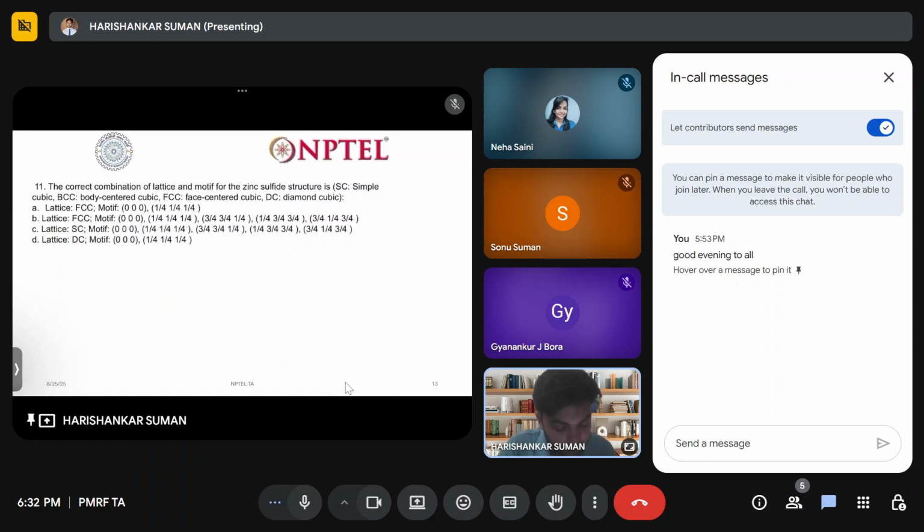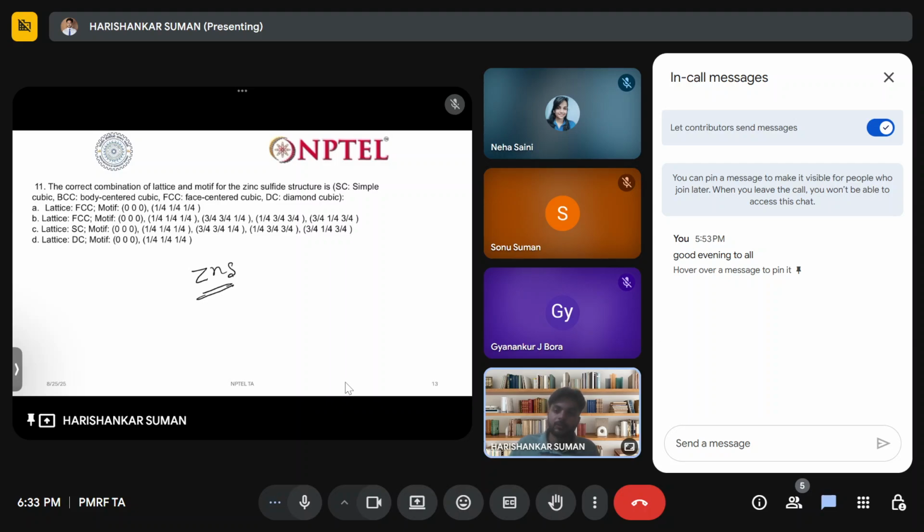Correct combination of lattice and motif of the zinc sulfide structure. SC is simple cubic, BCC is body-centered cubic, and diamond cubic represent. So this is zinc sulfide, ZnS. Lattice FCC, motif 0 0 0, 1/4 1/4 1/4.